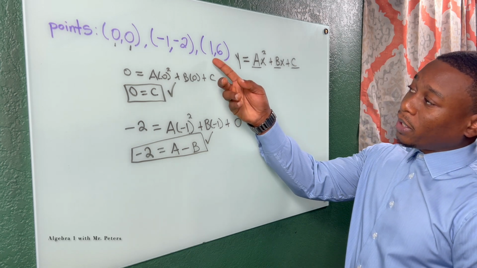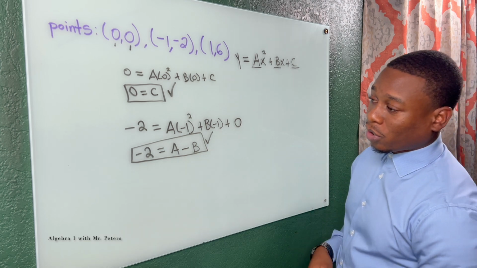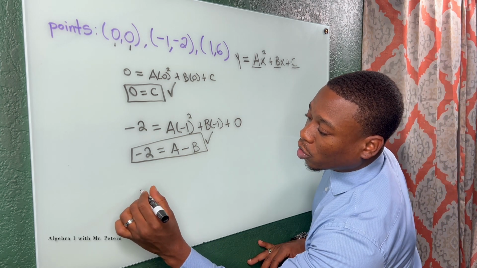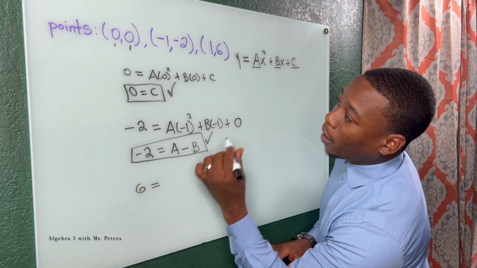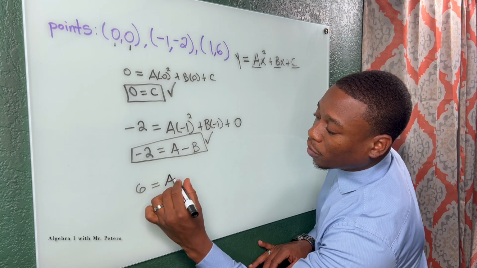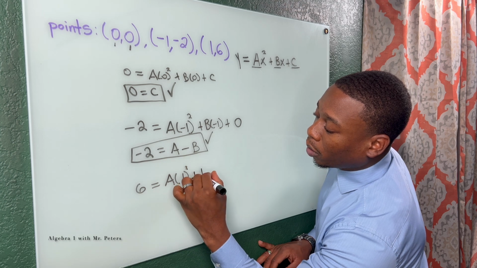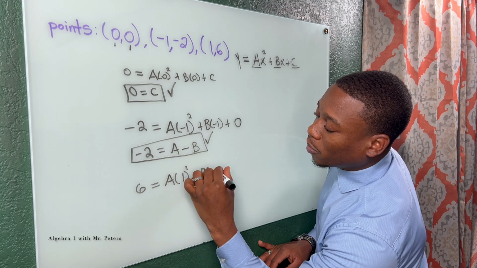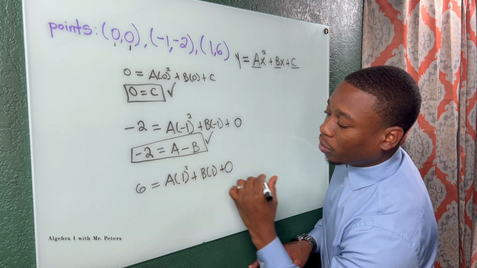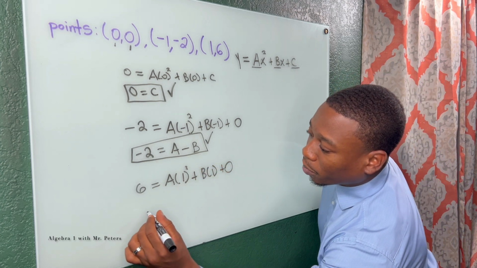Now, we're going to repeat this process with the point 1, 6. So again, we substitute. So we know y is equal to 6. And now we're going to substitute 1 into the equation for x. So a times 1 squared plus b times 1. And we know that c is 0. So we go through and we simplify again.